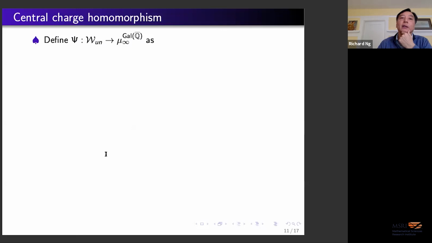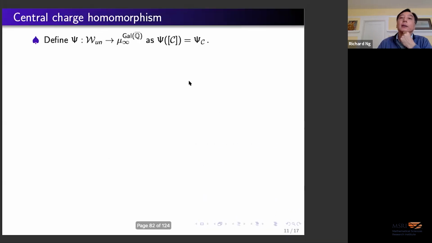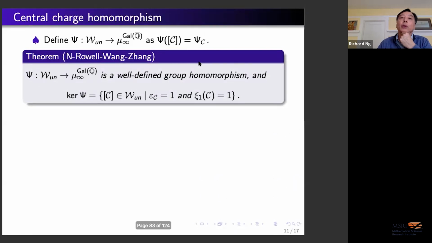Now we define C on the Witt group generated by pseudo-unitary modular categories, such that applied to this class it is equal to C sub C. So it will be well defined, and moreover, it is a group homomorphism. So this is the key of the whole thing.